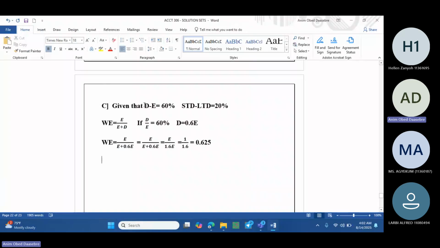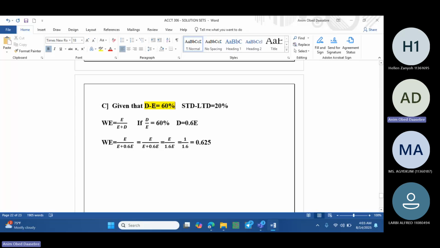Mind you, this debt to equity ratio means that when we add the total debt and equity, their weight should be 60% of the total firm's ratio.